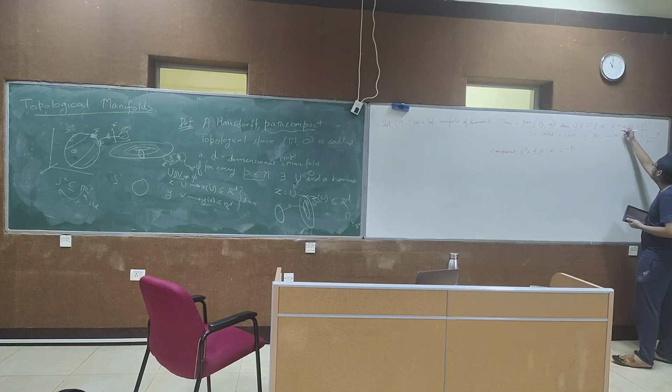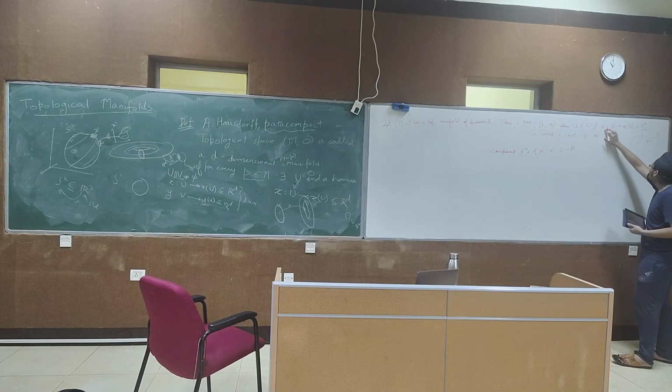If I think of it as mapping directly to R^D, then it won't be a bijection, so its inverse is not defined. But still, I could think of it as mapping to R^D also, right? I'm enforcing this here because I wanted it as a homeomorphism.